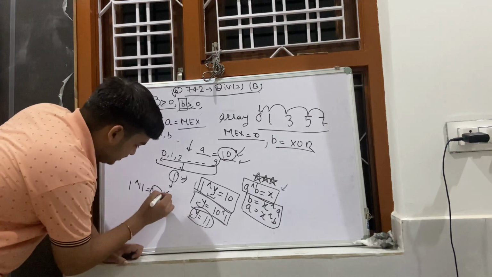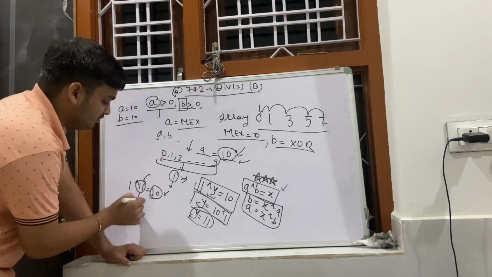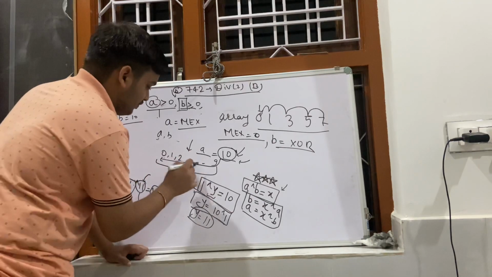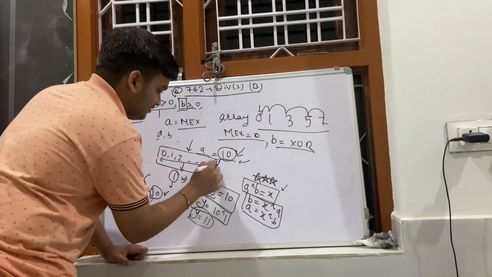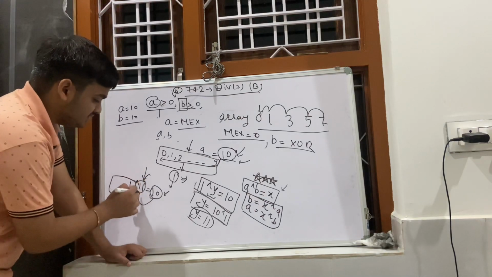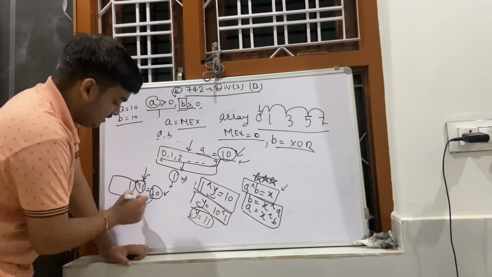So I need to include an element like 11 that will give me the remaining XOR. What is 1 here? 1 is the XOR of all the elements lesser than a. So I need to include such an element which will give me the XOR value 10, and the element here is 11.